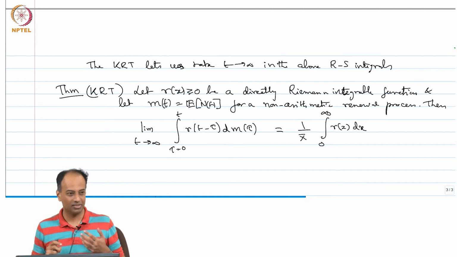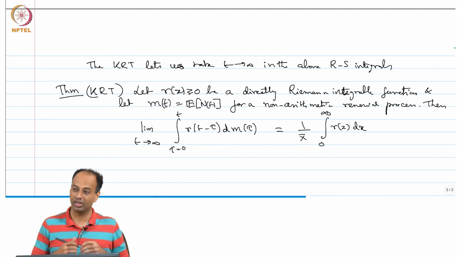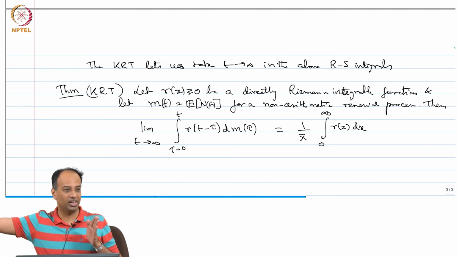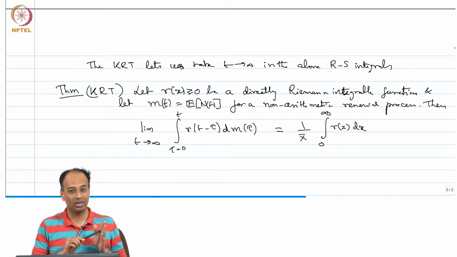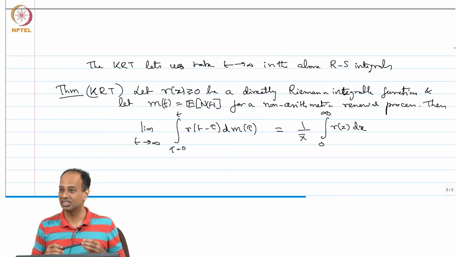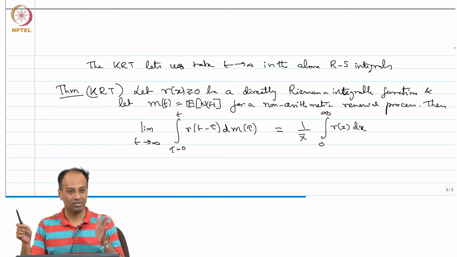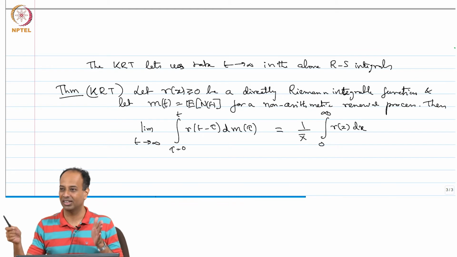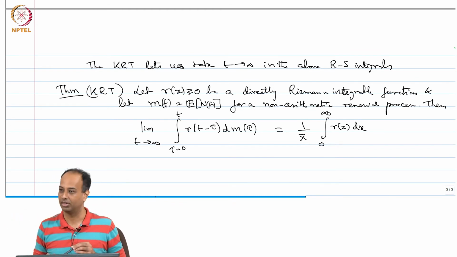But if you were to partition the entire 0 to infinity using delta intervals and take upper and lower Riemann sums, and if the upper and lower Riemann sums for the entire interval converge, then such a function is said to be directly Riemann integrable, meaning that you do not calculate the integral from 0 to b and then send b to infinity, you directly write a Riemann sum for the entire semi infinite interval.